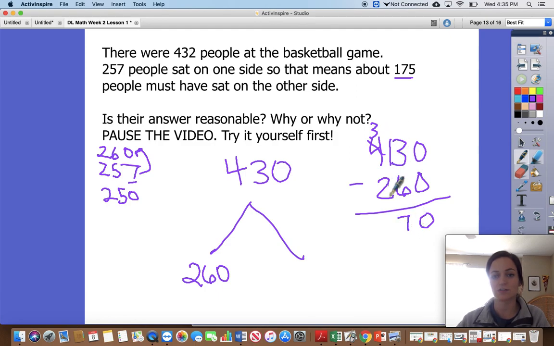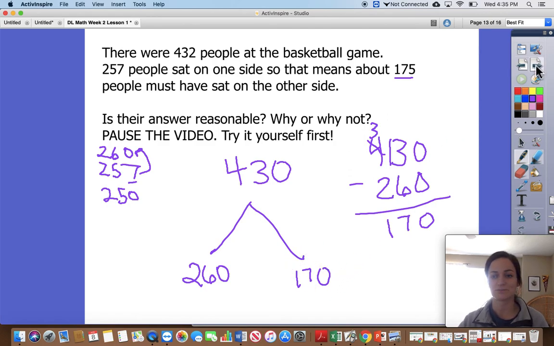And 300 minus 200 is 100. So we got about 170. Would you say this answer is reasonable? I would say yes. They're only 5 off. That's really close, right? That was by far the closest one we've had so far. I would say this one is definitely reasonable. It was about 170 people on the other side.